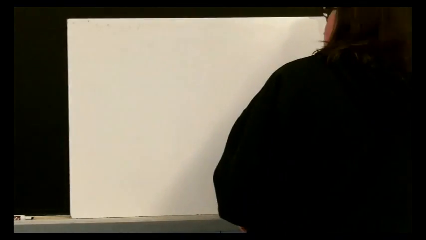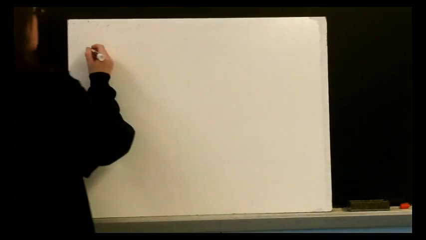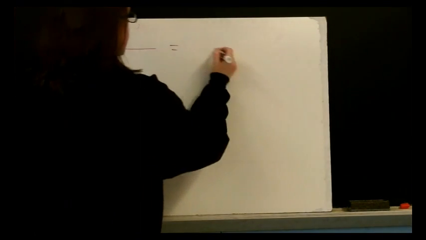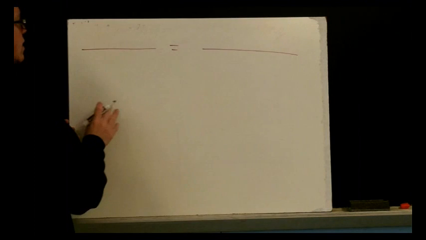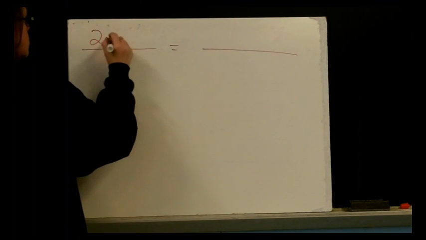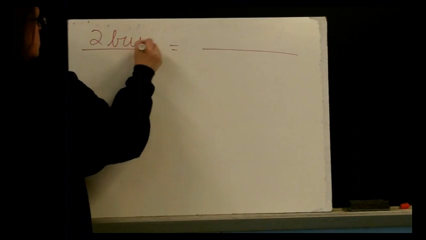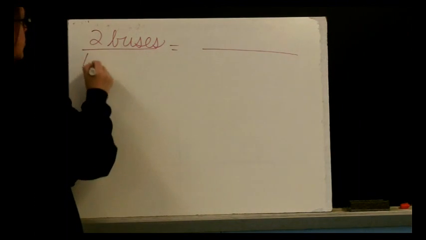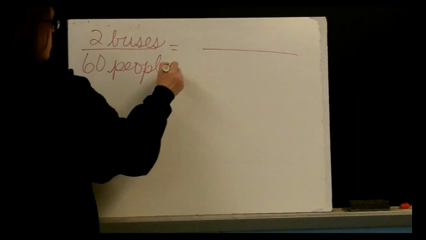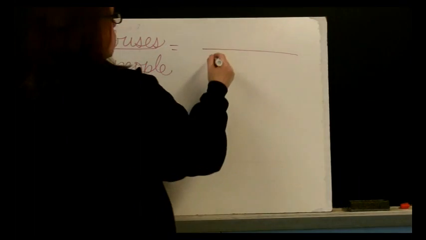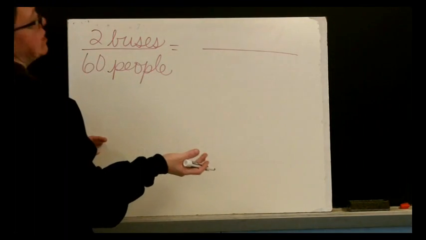Let's start with a fresh board. So two empty fractions. And what do we know? We know that two buses carry 60 people.